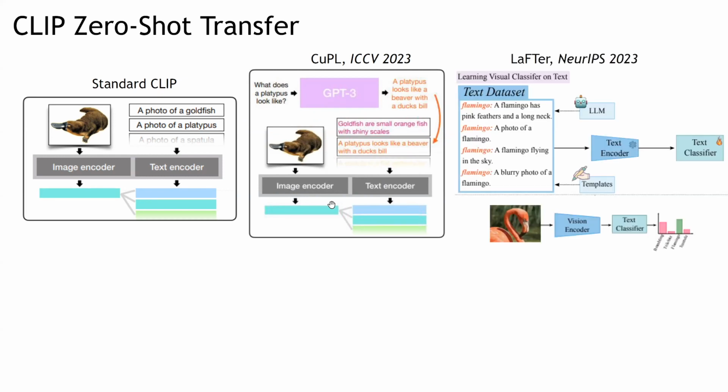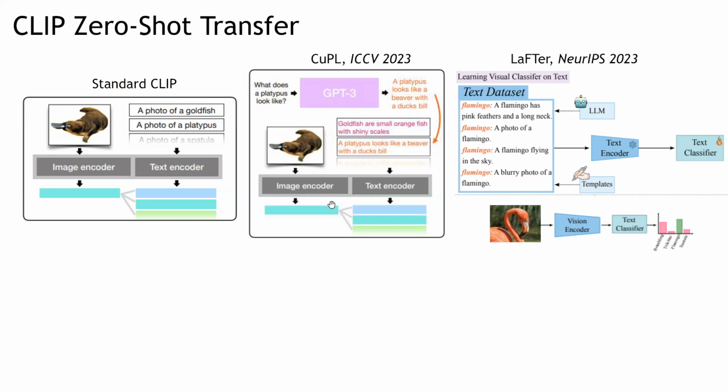And also at NeurIPS this year, there's a paper called LaBo, which does something similar. They generate physical features of ImageNet categories using a large language model. They encode them through the text encoder, but then they also attach a text classifier on top of them, right? So they train a text classifier on the textual features.